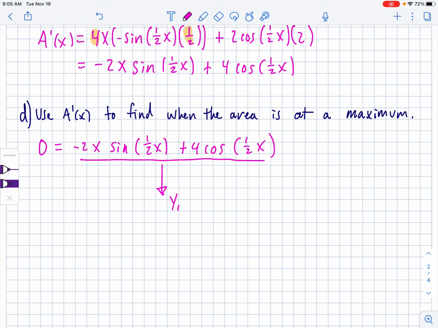When you do that, you should see a graph that looks something like this. Oh, and you're setting your window from negative pi to pi, because that's what it was restricted as on the original problem.